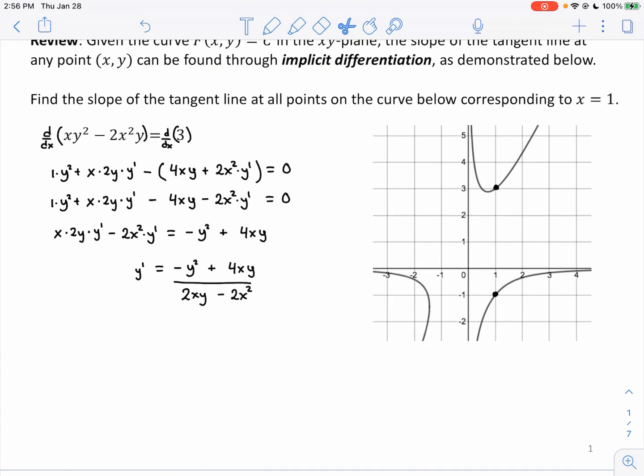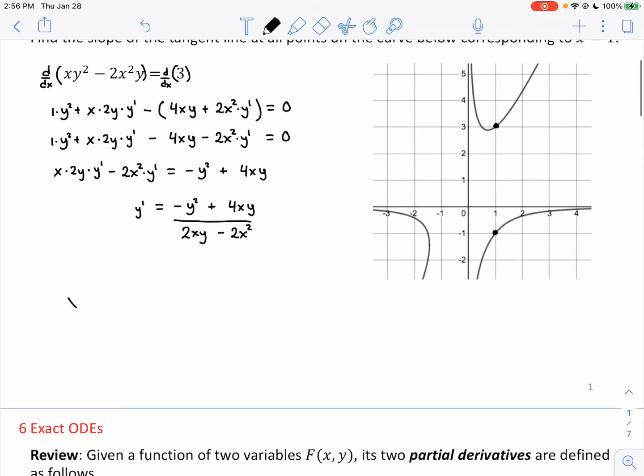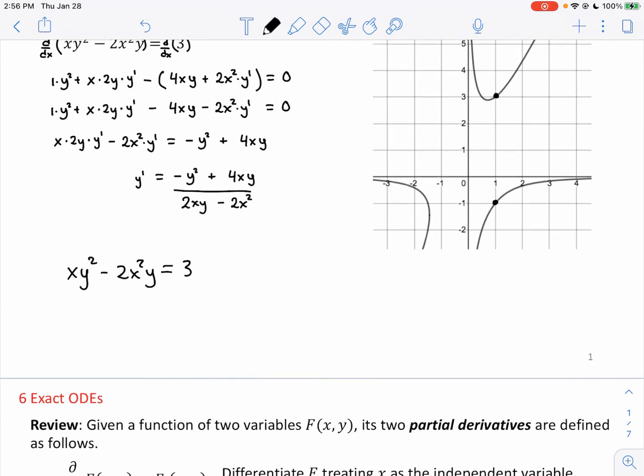The way to do that, let me move this out of the way so I can see that better. Okay. The way to do this is to rewrite the original equation. So you have xy squared minus 2x squared y is equal to 3, and replace x with 1 and solve for y. So we're going to evaluate this at x equals 1.